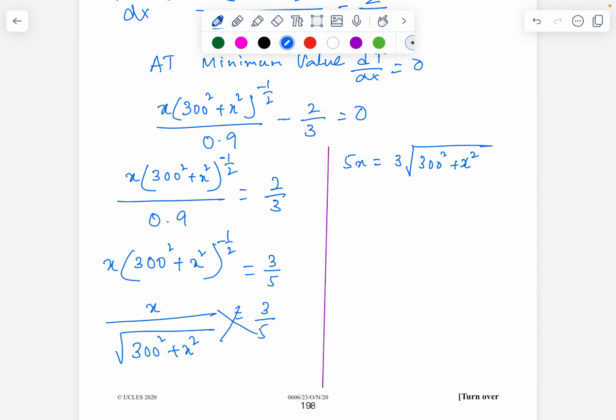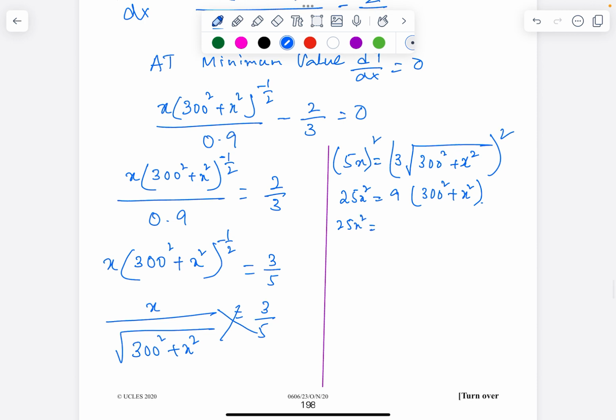So to remove the square root, I will square on both sides because we need to find the value of x. So this becomes 25x squared is equal to 9 times 300 square plus x squared. This becomes a big number, right? But anyway, let's try to solve.